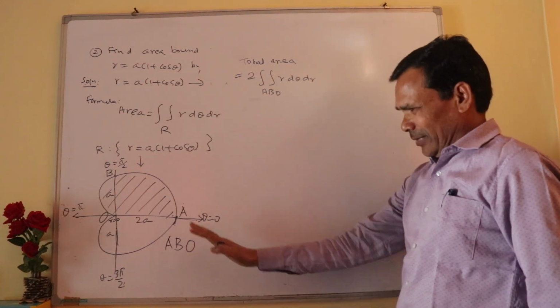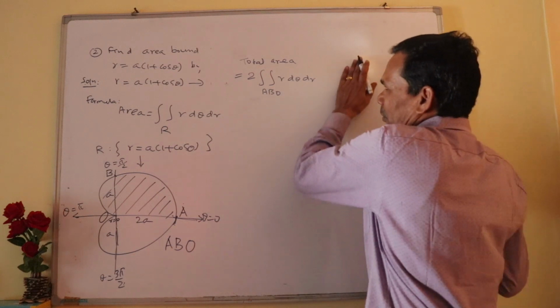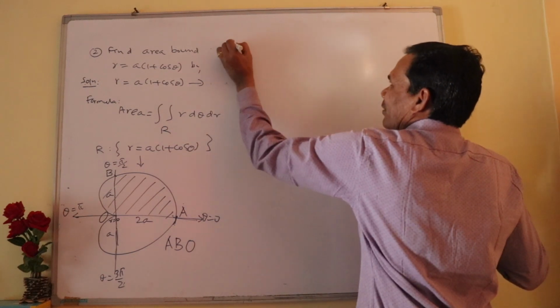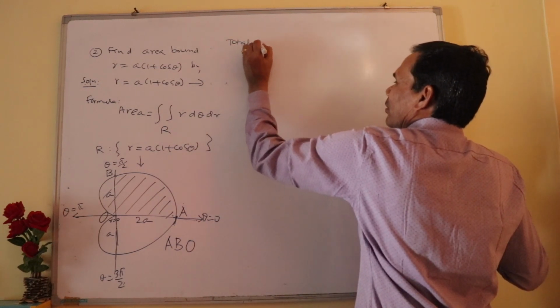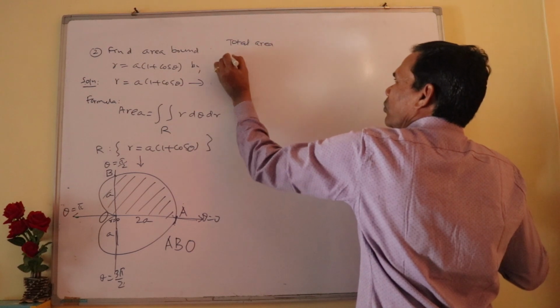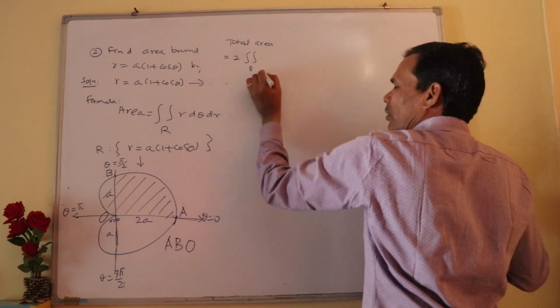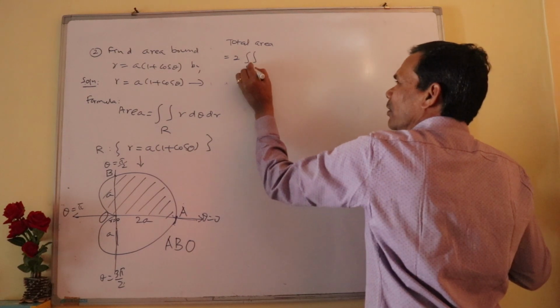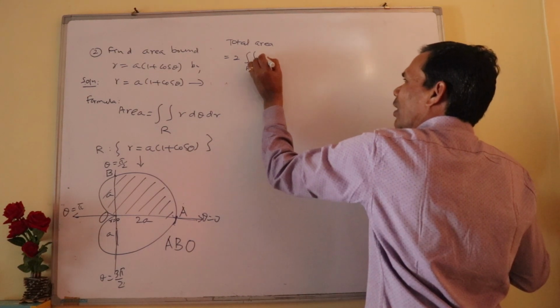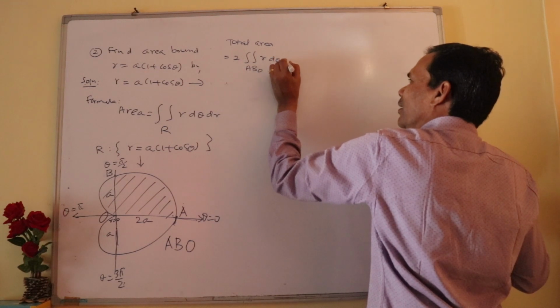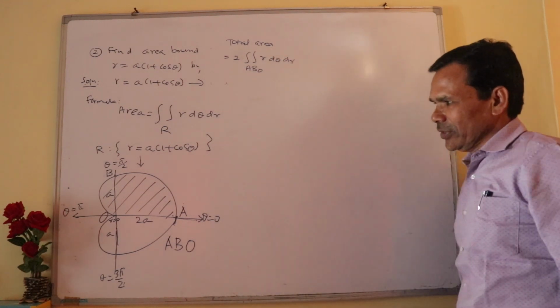See how to get the limits there. Total area is equal to 2 times the double integration over ABO of r dθ dr. Now to find the limits for this.